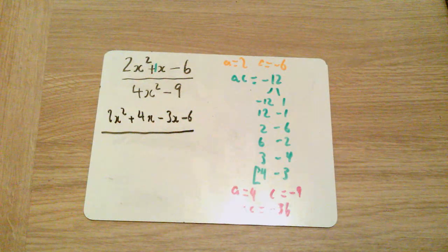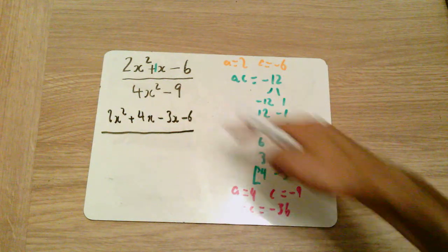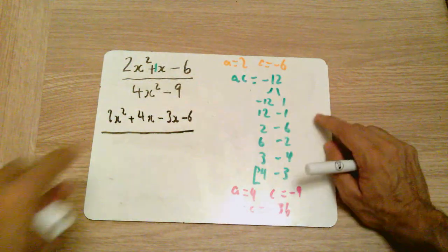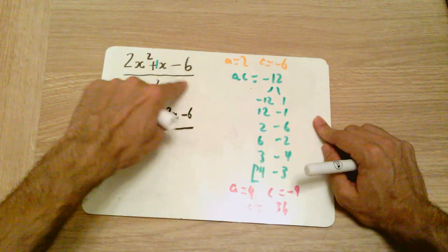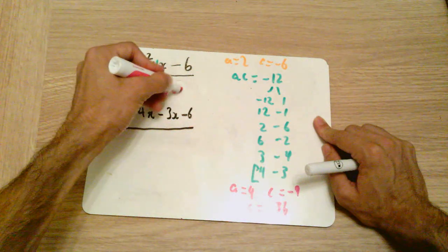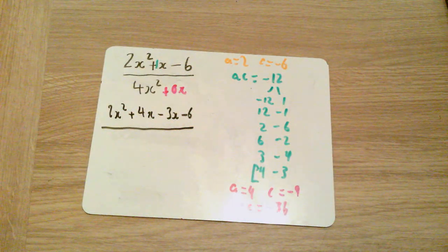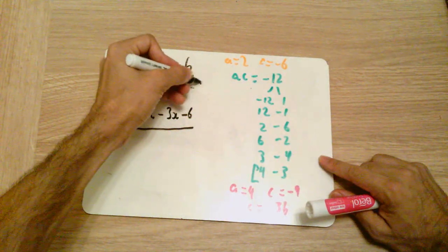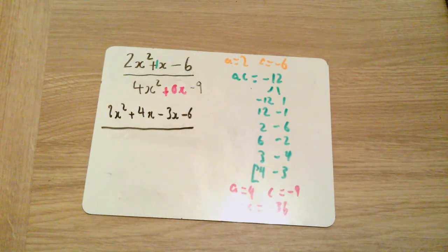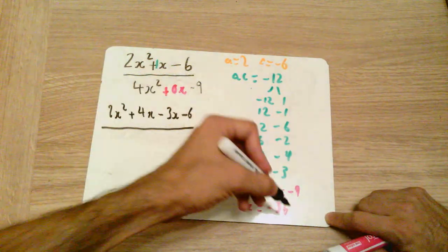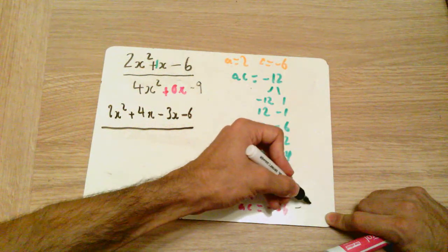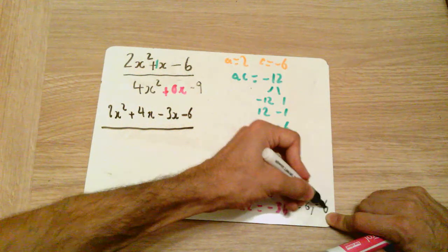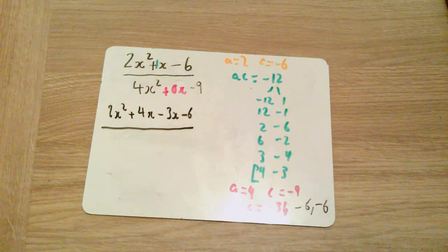Now for this we need two numbers that multiply to make minus 36. And if we imagine in the middle of that there's actually a plus 0x minus the 9. So we need two numbers that multiply to make minus 36 and add to make 0. The only combination for that is 6 and minus 6.